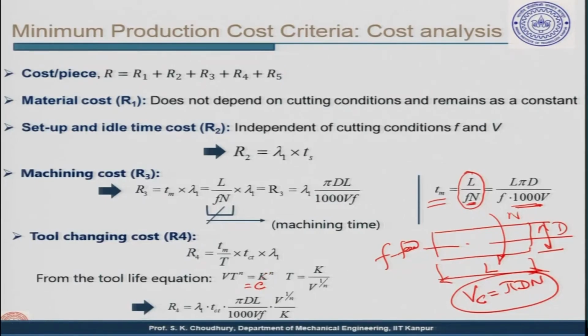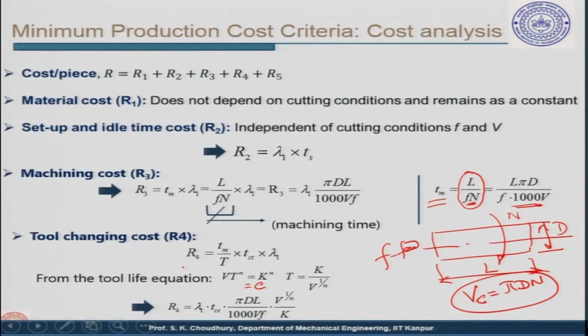This constant can be expressed as k to the power n, where both k and n are constants. So, therefore, T is equal to k divided by V to the power 1 by n. From V t to the power n equal to k to the power n, we get T is equal to k by V to the power 1 by n.